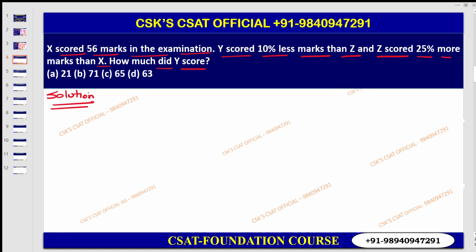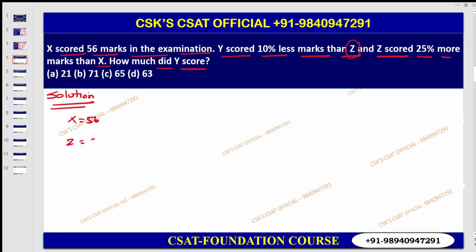According to the statement itself, if you are developing the data, it is easy. X here is equal to 56, provided in the question. Y scored 10% less than Z, but you don't know Z. With this data, you can't find out Y's score. So now move on to Z's marks. Since Z is the unknown, with the rest of the data you need to find out Z.